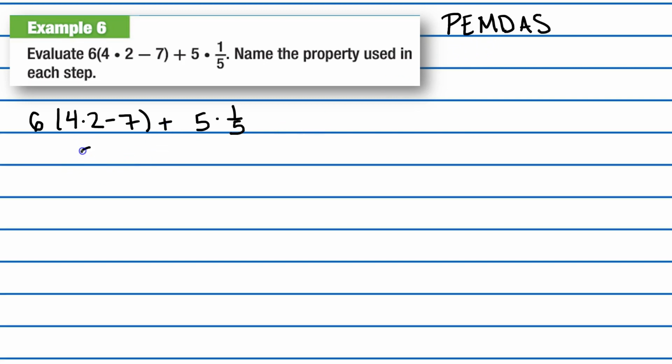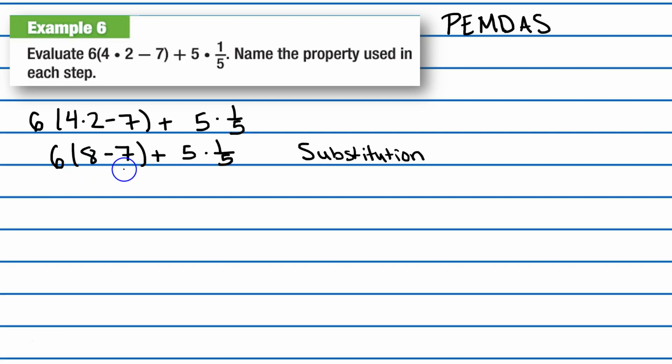So we have 8 minus 7. And this property will be called substitution, as we are just simplifying it. No other property has been done.